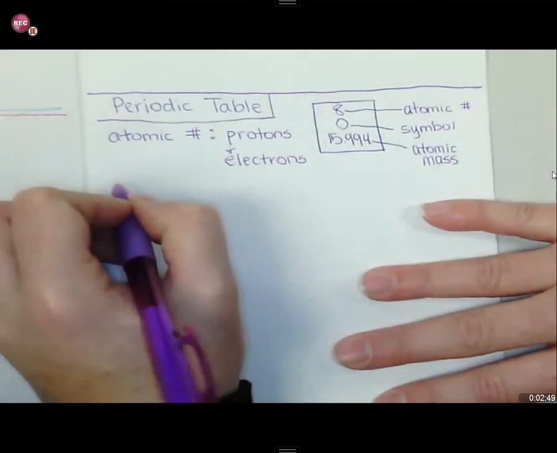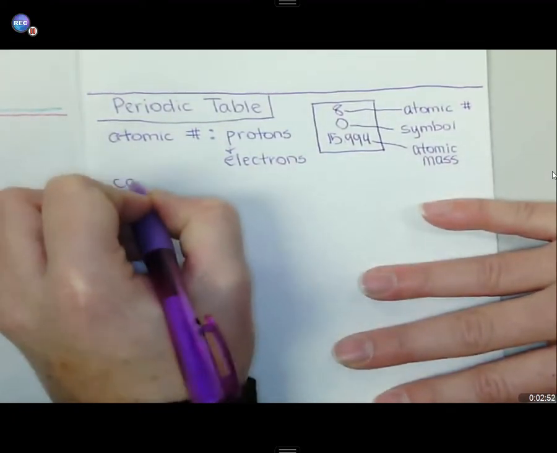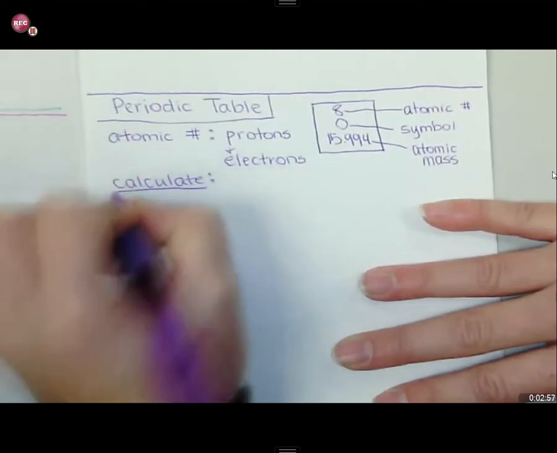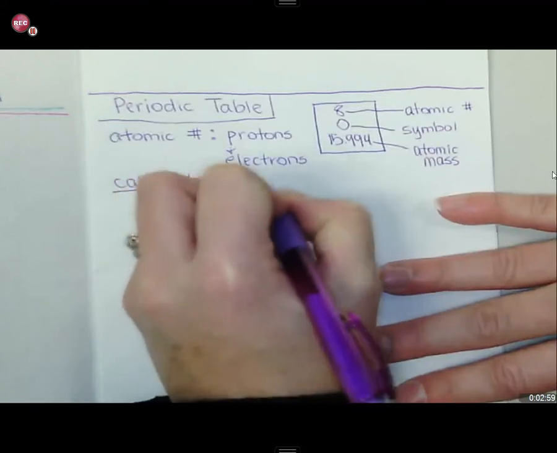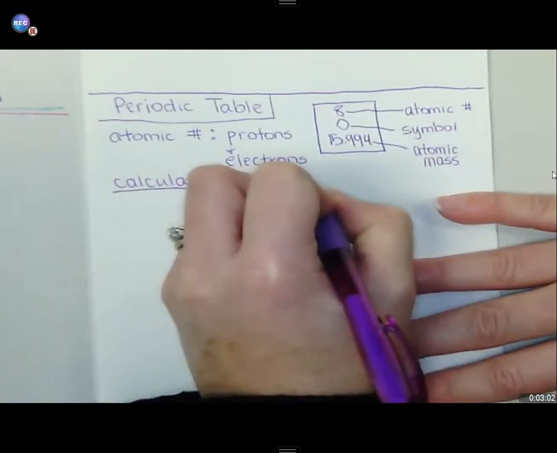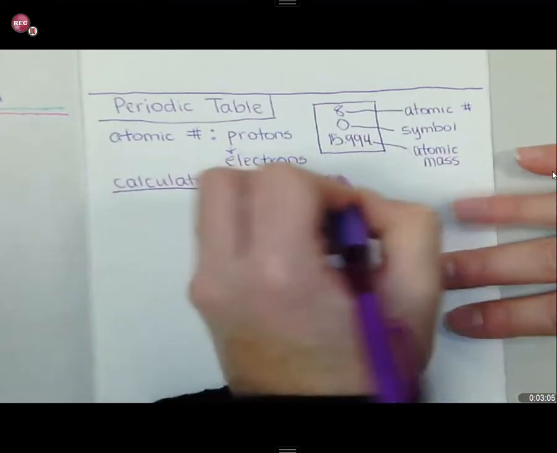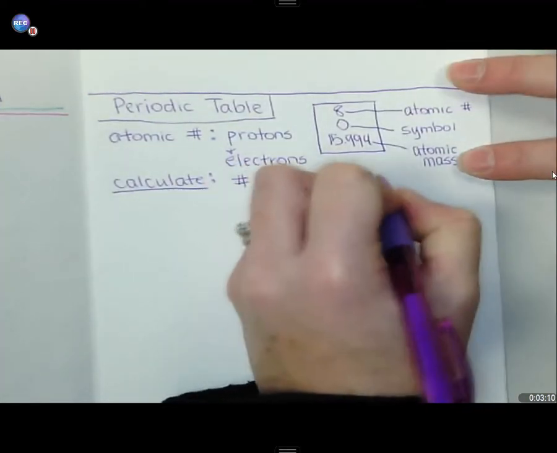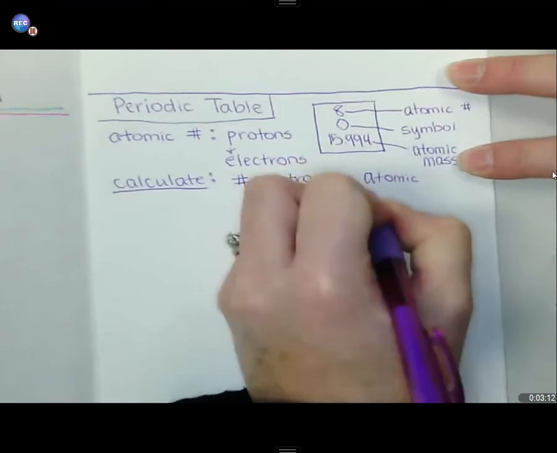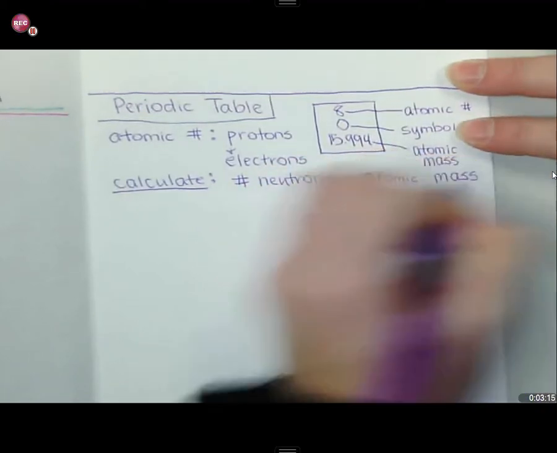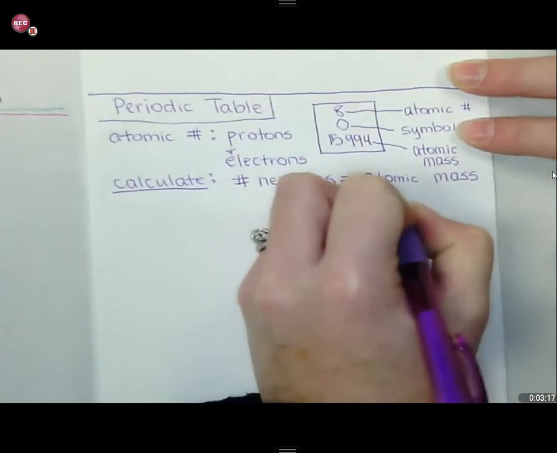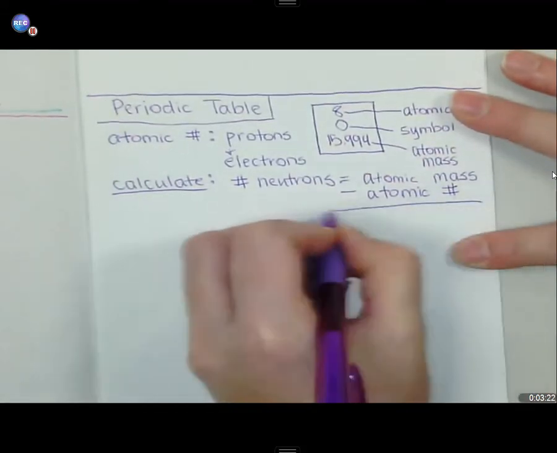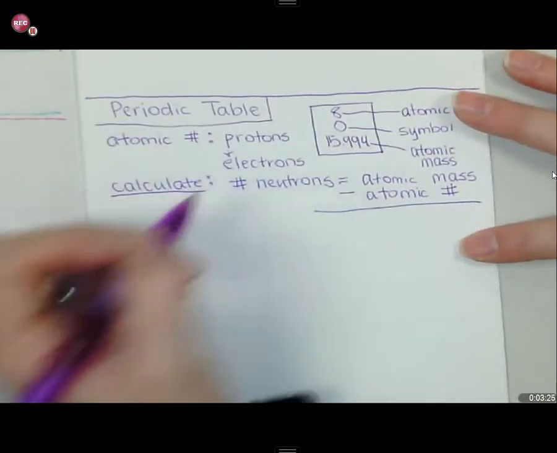Now, to calculate the number of neutrons. So these are your calculations you may need. So to find the number of neutrons, it's going to be your atomic mass, okay? So atomic mass minus your atomic number. So that's the first calculation.